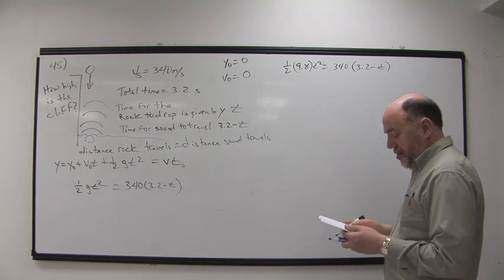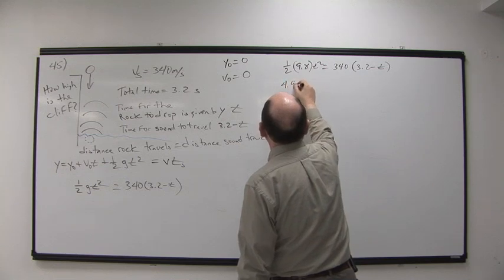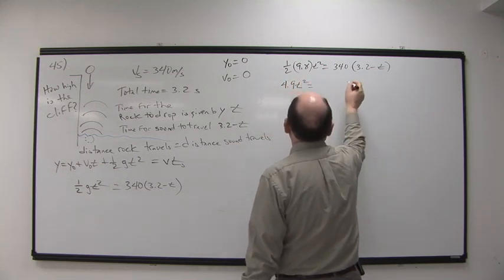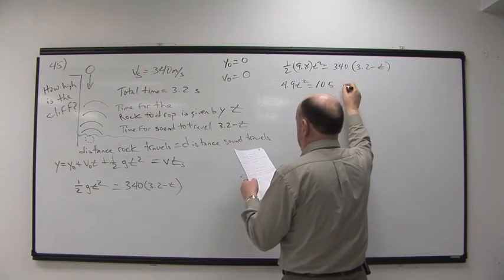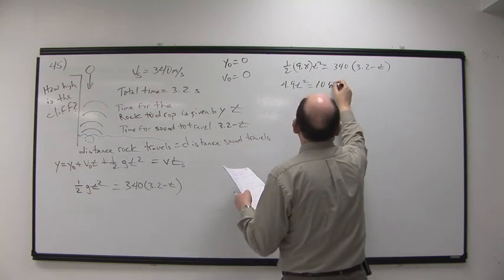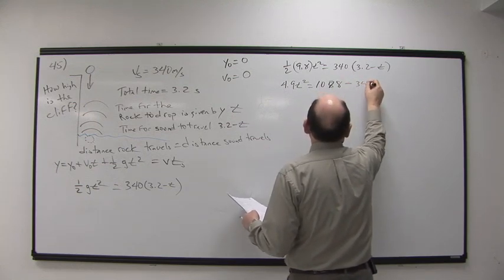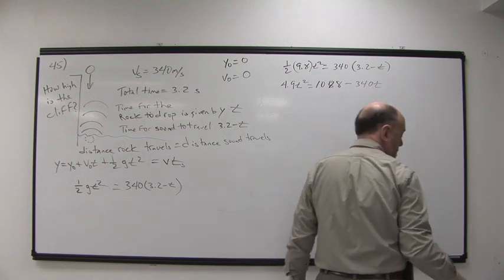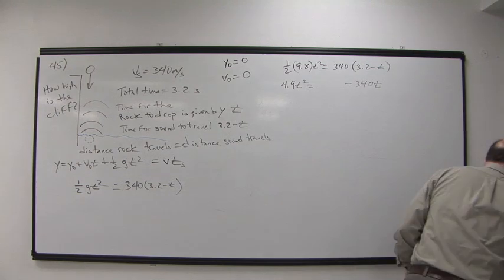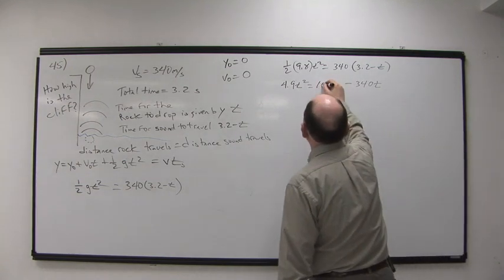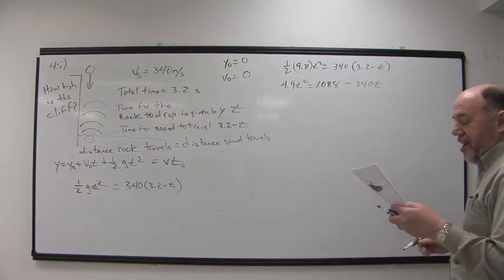So we want to solve this for t. Half of 9.8 is 4.9, so we get 4.9 t squared equals 340 times 3.2, which is 1088, minus 340 t. If I look at that, that is a quadratic equation.